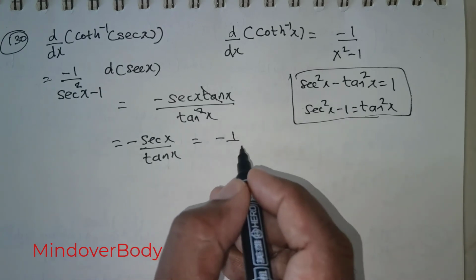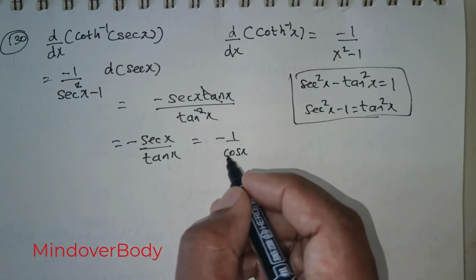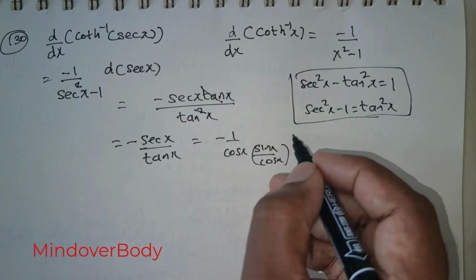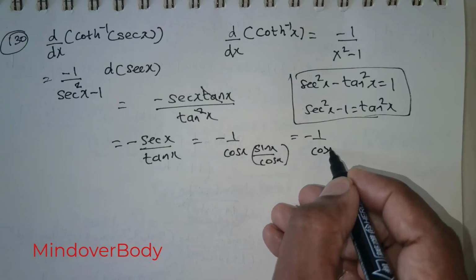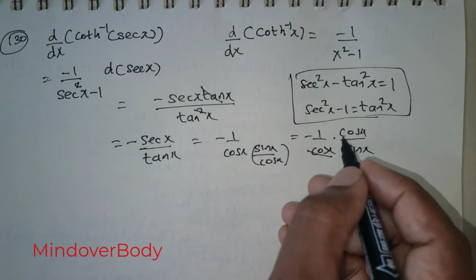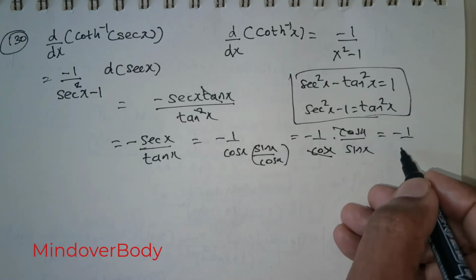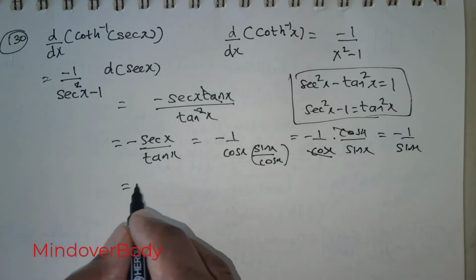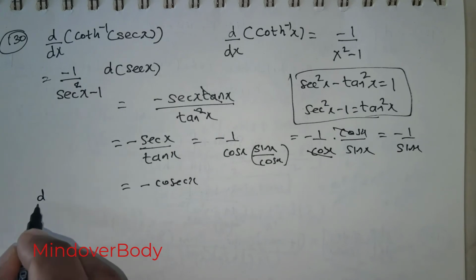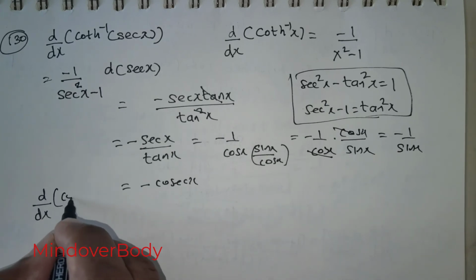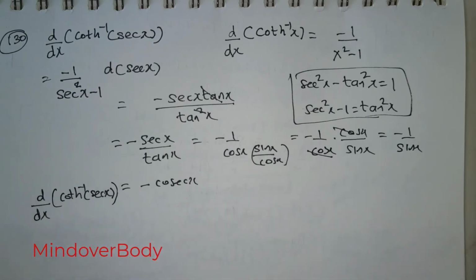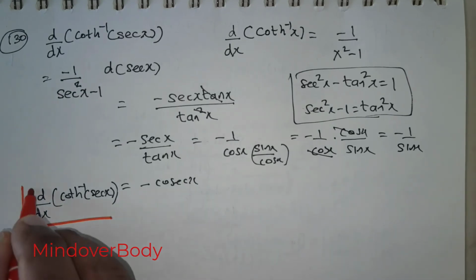Now secant x is 1 over cos x, tan x is sin x over cos x. I can flip this and rewrite this as cos x over sin x. I can cancel cos x with cos x. This is going to give me −1 over sin x. But −1 over sin x is −cosecant x. So we have got a beautiful differentiation, which is cot inverse of secant x has produced to me this outcome.